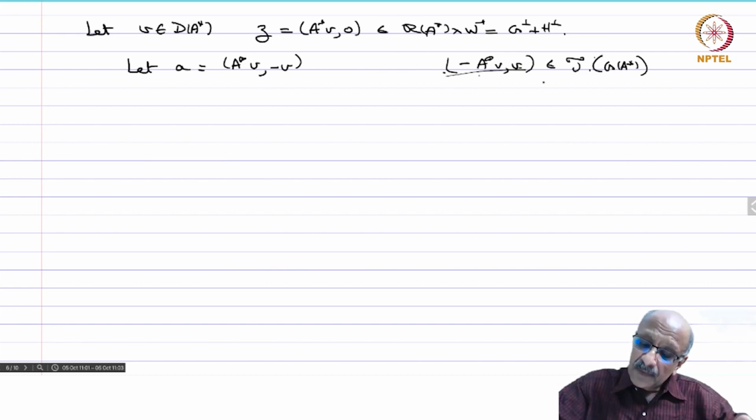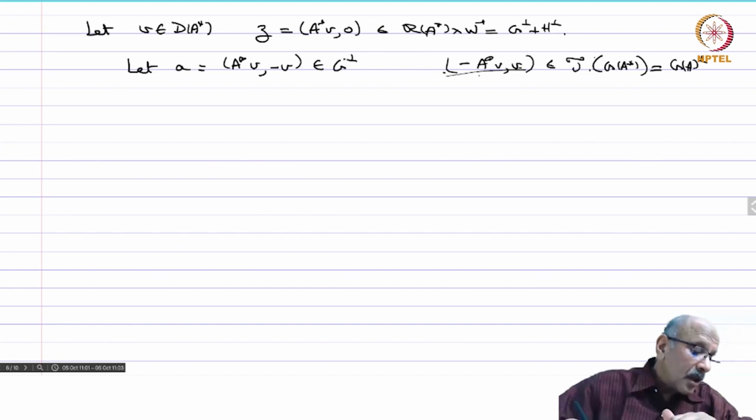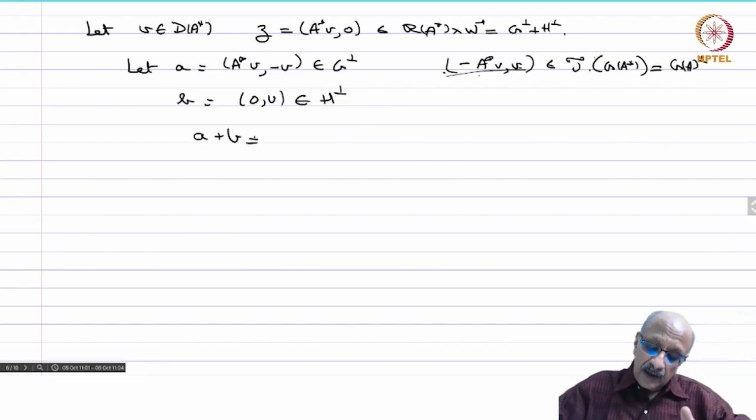But the graph of A star is a subspace, so this is equal to G perp. Then minus of this will also be in G perp because that's a subspace. Now you take B equals 0, V, and automatically that belongs to H perp. Then you just add, and you get A plus B is A star V, 0, which is equal to Z.